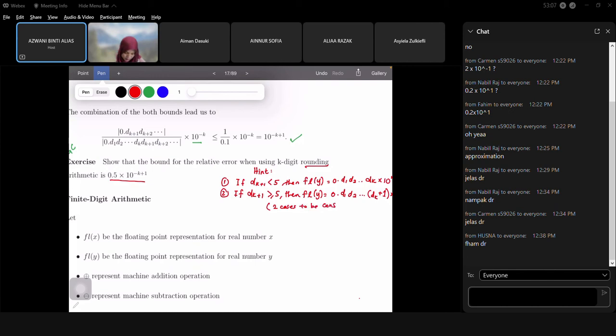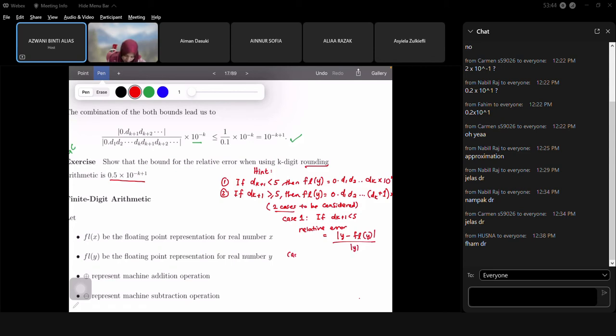Try to think like this, the working should be similar. So maybe there are two cases. Let's say case 1: you have to find the relative error for case 1. If D(K+1) is less than 5, how do you find the relative error? You get the floating number of Y divided by this.